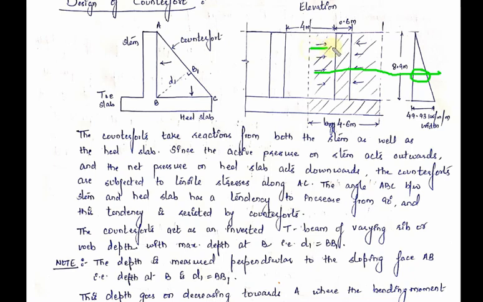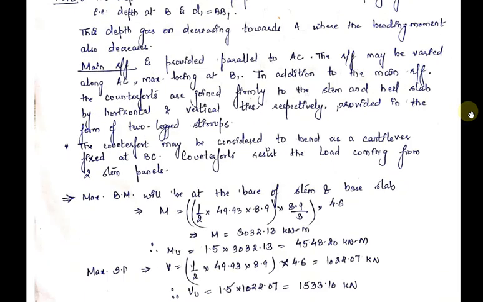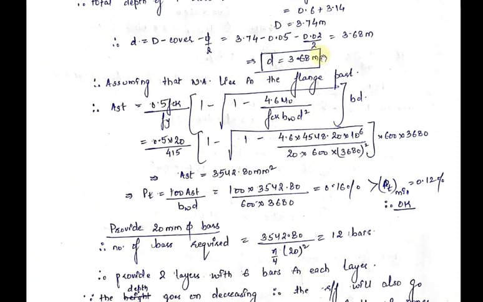And if you move again by h by 3, the pressure will become even less. So as we move in the upward direction, the value of small d decreases, and the bending moment also decreases. So we need to find out the values of d and Mu at these heights, and then again find out the number of bars by the same procedure that we did.